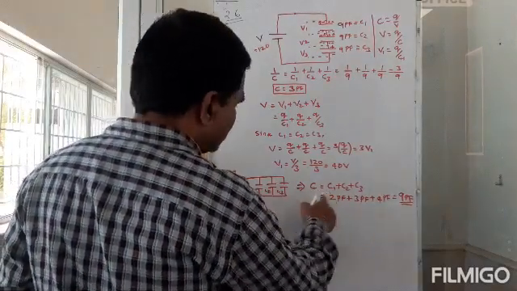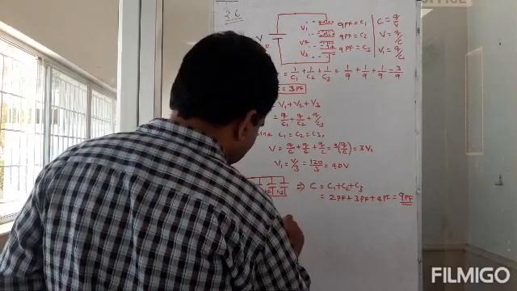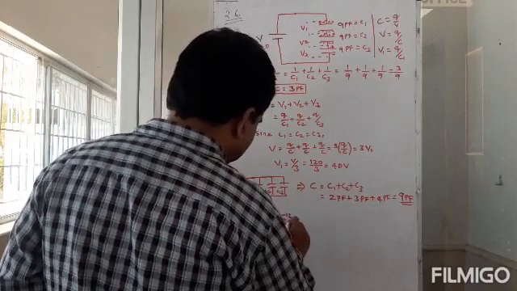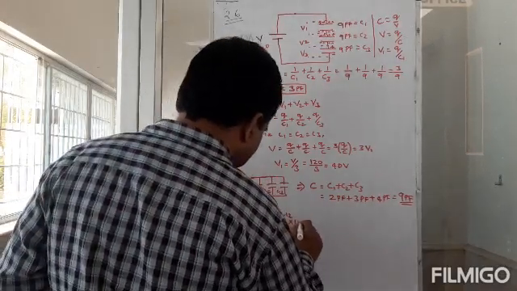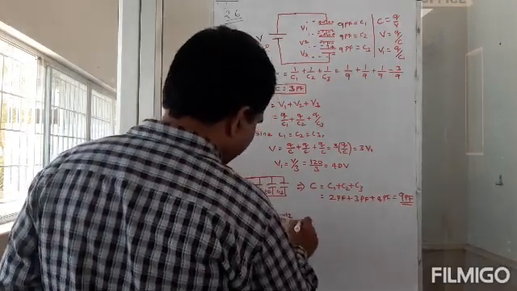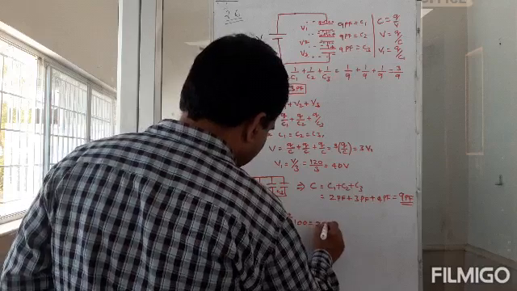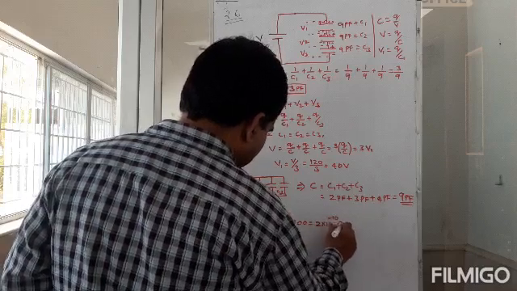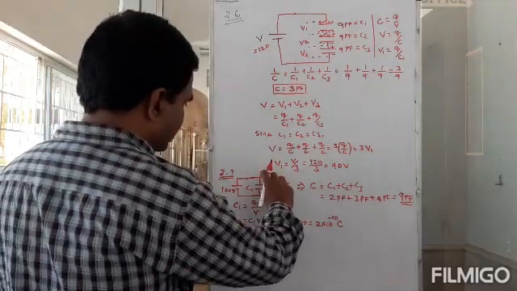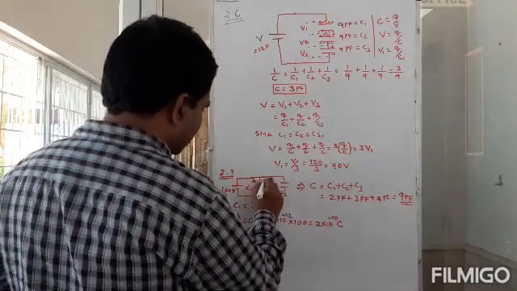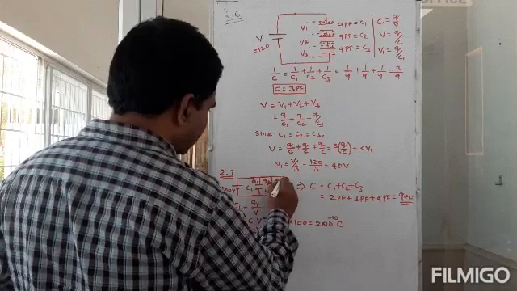So what is Q1? C1 is 2 picofarad, 2 into 10 power minus 12 farad, into V across C1, that is 100. That is going to be equal to 2 into 10 power minus 10 coulomb. And what is Q2? This is Q1, this is Q2, this is Q3.